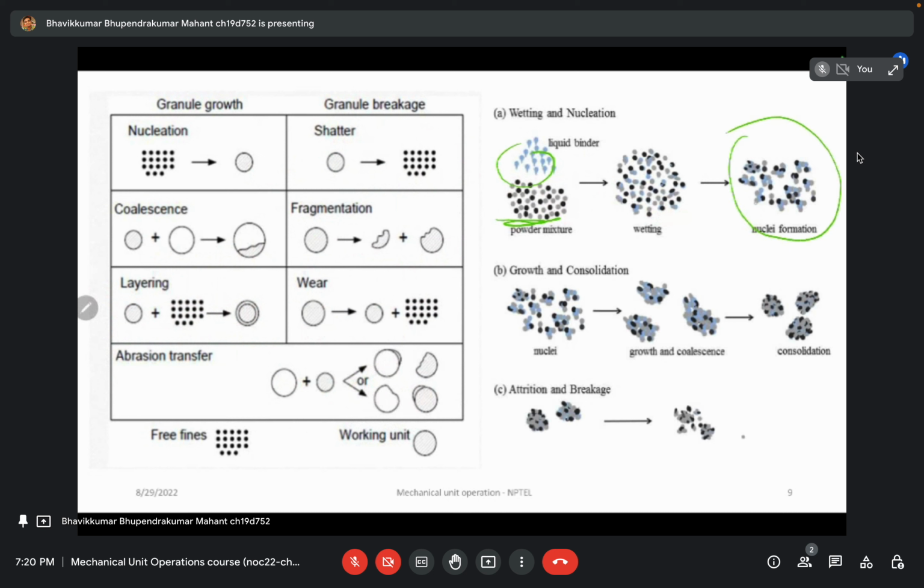In the nucleation you can see small agglomerations. These nuclei can grow into bigger ones with the help of coalescence, and at the end they reach the consolidated stage of the fine particles, and this consolidated stage may go through attrition and breakage in order to control the size, as well as in some operations, there may be some attrition and breakage that can occur.